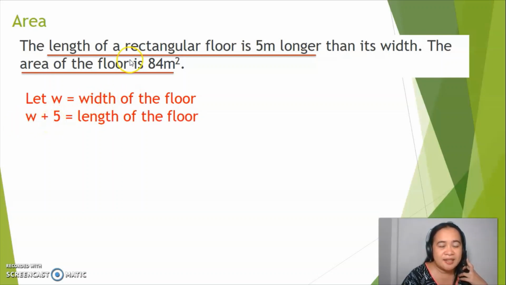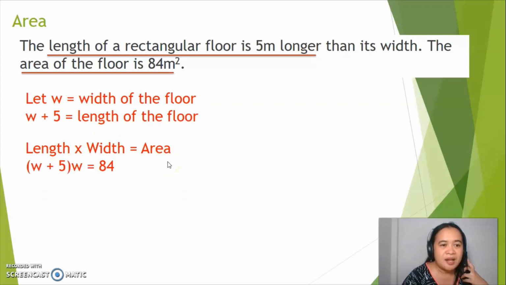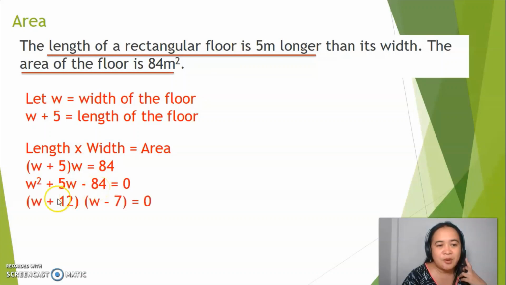Another given is the area is 84 meters squared. Take note, length times width is the area. Our length is W plus 5, our width is W, and our area is 84. Distributing W to the terms inside, we end up with this. So the factors of 84 that give 5 are 12 and minus 7.